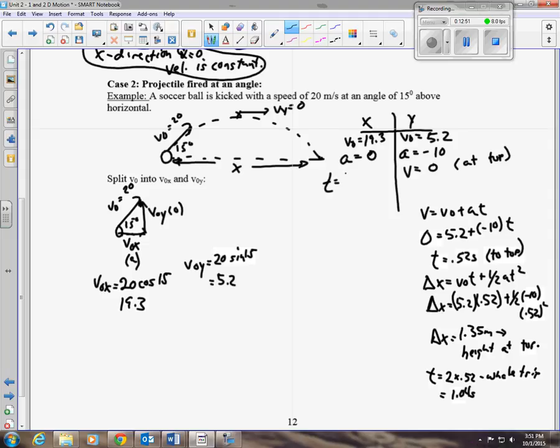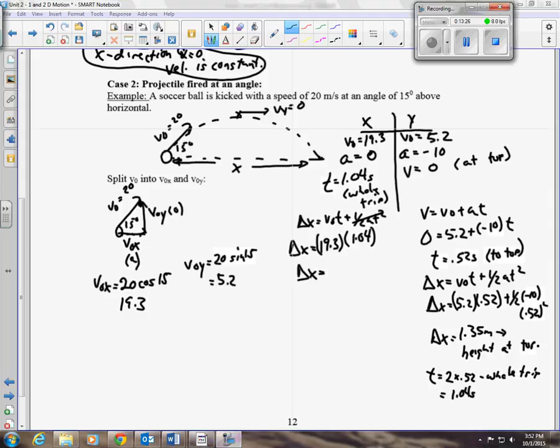I can plug that in here, and then I can use that to find the delta x. Delta x in the x direction is going to be 19.3 times the time, 1.04. And then this part, again, becomes 0 because the acceleration is 0. And I end up with delta x of 20 meters.